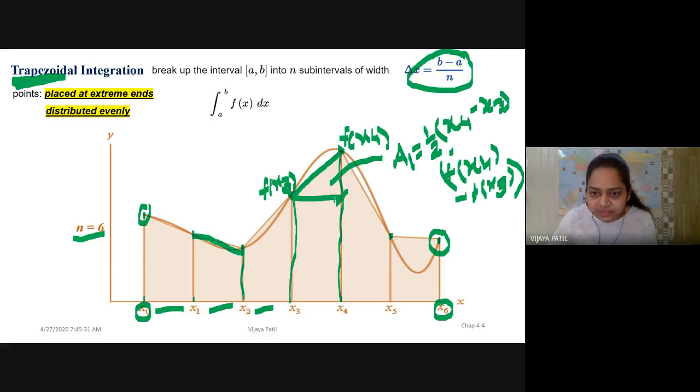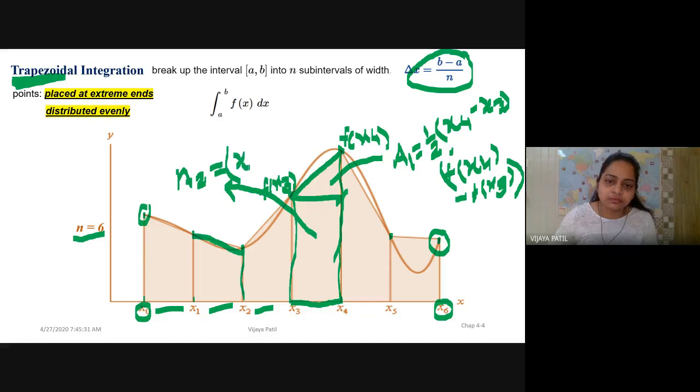And if I wanted to consider the area of this rectangle here, you know this area is nothing but this length into this height. So this area A2 will give me x4 minus x3 into, what is this height?